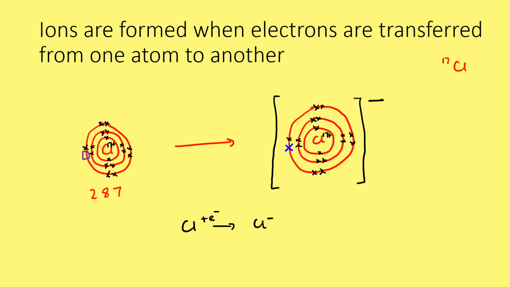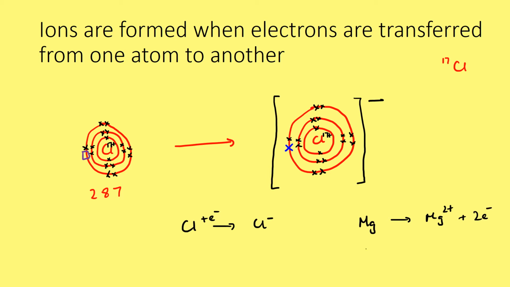So these two examples that we've done are quite simple, with just the transfer of 1 electron, transfer away in the case of sodium, transfer to the ion in the case of chlorine. But of course that's not always the case. So for example with magnesium, when we have a magnesium atom and that forms a magnesium ion, it actually gets rid of 2 outer electrons, and so that's how we would write that equation.